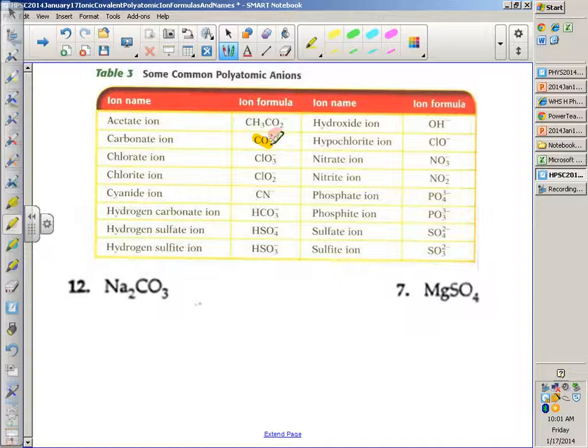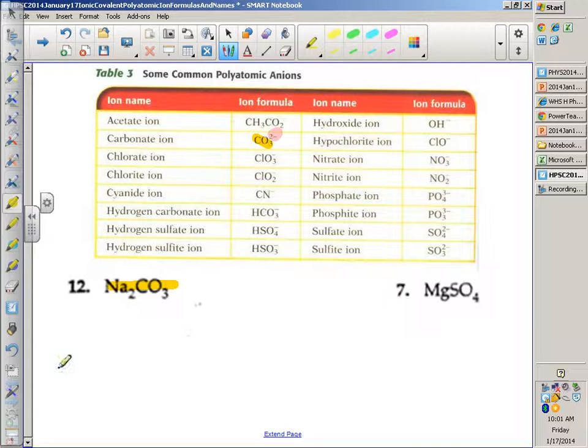Once it forms the covalently bonded polyatomic ion, it attracts other positive ions. So this is actually an ionic compound, even though it has covalent bonds within it.